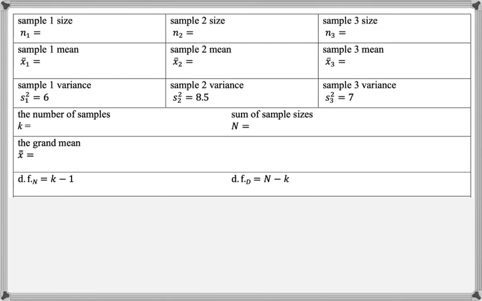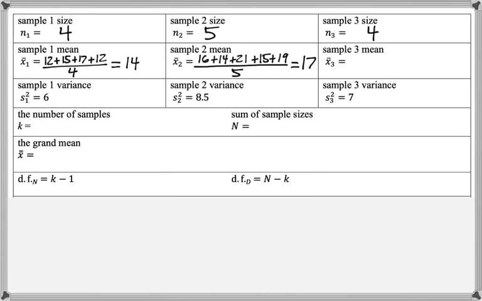Now again, when solving ANOVA tests by hand, there's a lot of steps. So first we have to identify the sample sizes. Sample 1 size is 4, sample 2 size is 5, sample 3 size is 4. Next we have to calculate the sample means. Sample 1 mean is 14, sample 2 mean is 17, and sample 3 mean is 16.5.